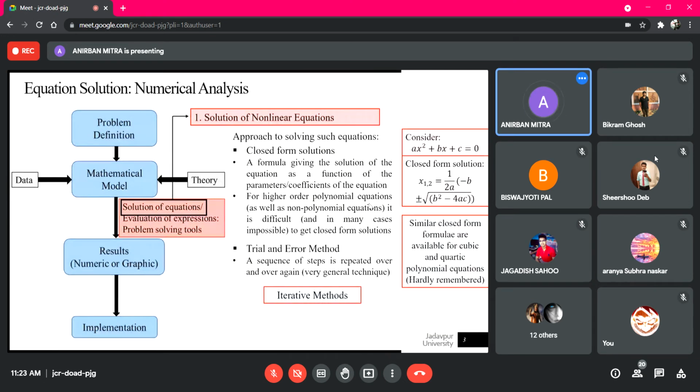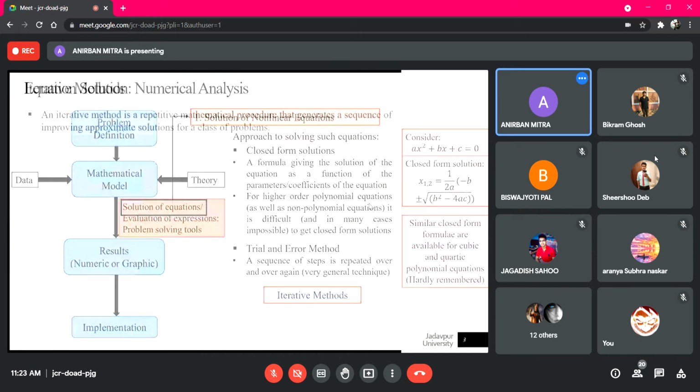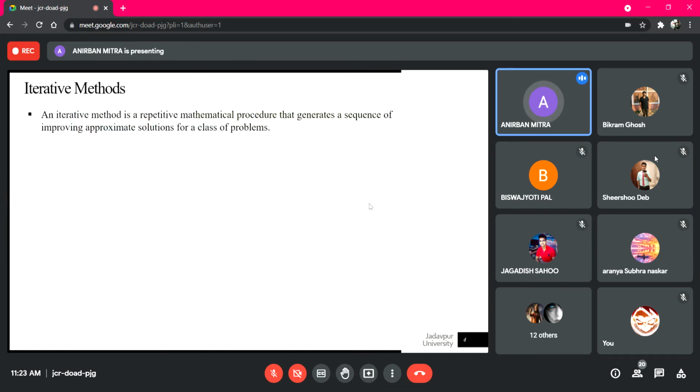That is why these trial and error methods are also known as iterative methods. Iterations obviously refer to repetitions. Because of the repeated nature of these methods, we call them iterative methods. So how do we define an iterative method?